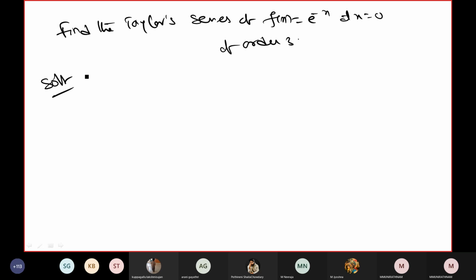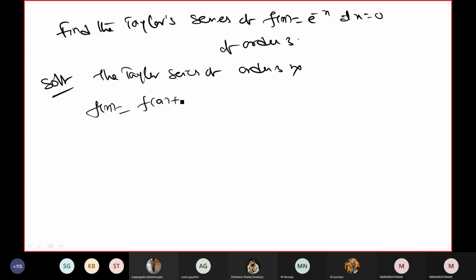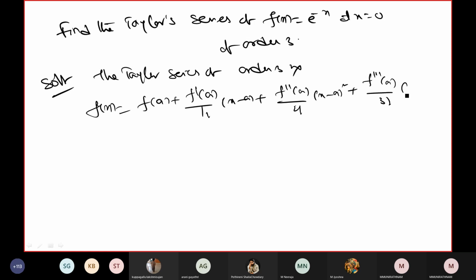The Taylor series of order 3 is f of x equal to f of a plus f dash of a by 1 factorial into x minus a plus f double dash of a by 2 factorial into x minus a whole square plus f triple dash of a by 3 factorial into x minus a whole cube.